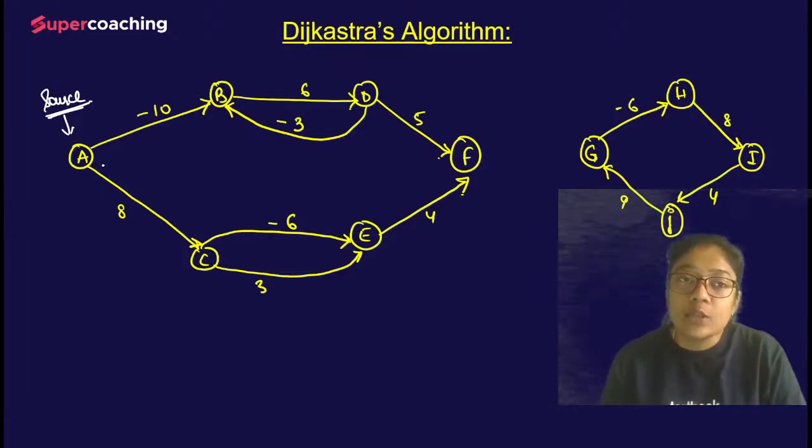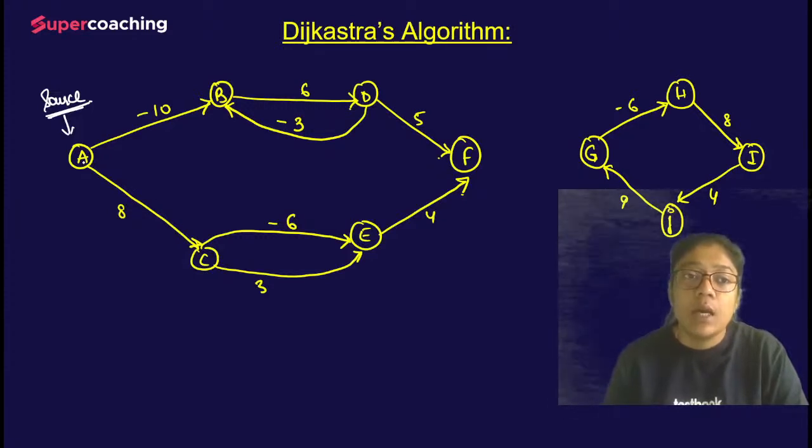So since it is single source, there will be some source vertex given to you. I'm saying that A is the source vertex. Now in this case, to which vertices can we find the shortest path?